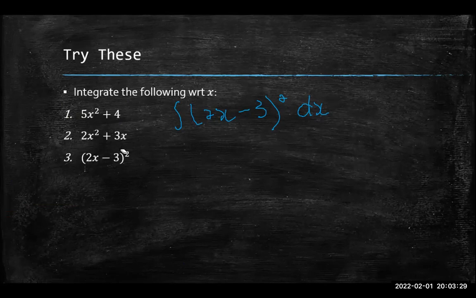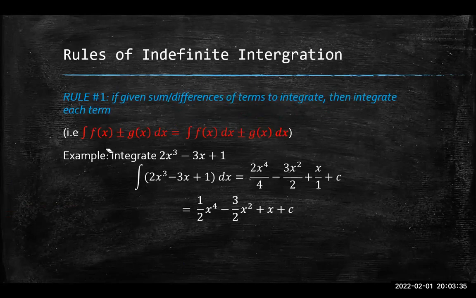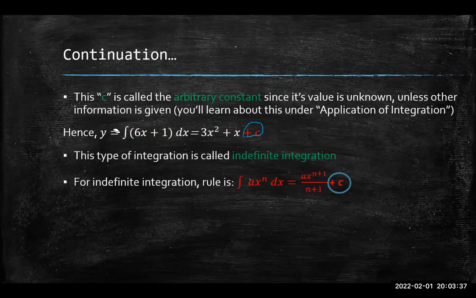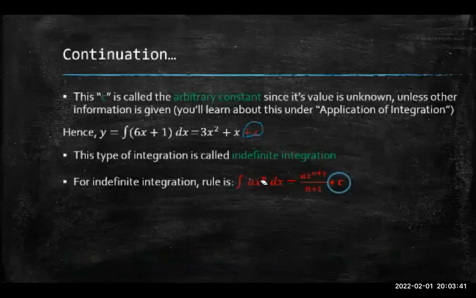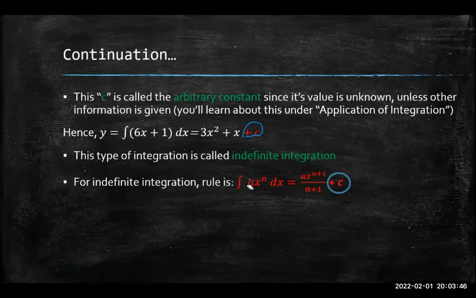That's different. When we are integrating, from what I showed you so far, you have to get it in the form ax to the n. That is not in the form ax to the n. There is a rule that I will show you later on how to solve expressions like that.